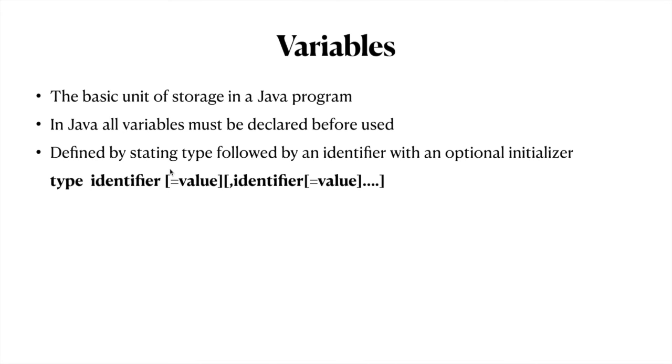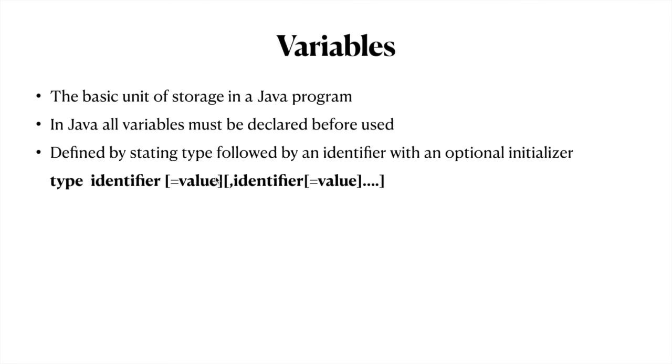So here the angled brackets show these are optional parts of the variable definition. So we can include equal to value. That means if we define a data type of int and call it age, we provide it with a value. For example, if the age is 30, we provide it the number 30. It's called a literal. We will discuss it later on.